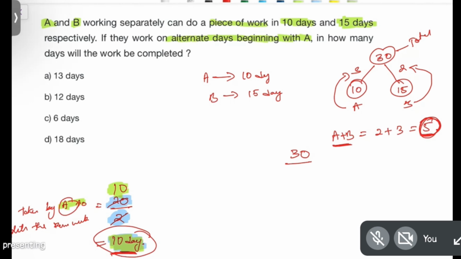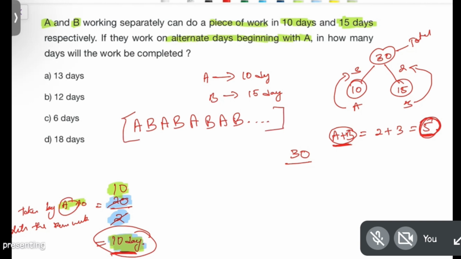So why am I taking A and B together? It's about alternate days. That means A is starting the job, next followed by B, and again A and B, A and B, until they finish their work. Okay, this is the case.